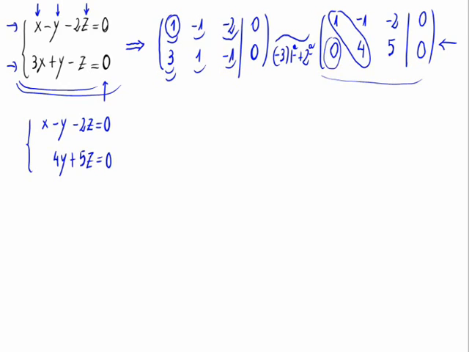As it is equivalent to the one given, we still have two equations and three unknowns, and it has, as I said before, infinite solutions. So 3 unknowns minus 2 equations equal 1 parameter.